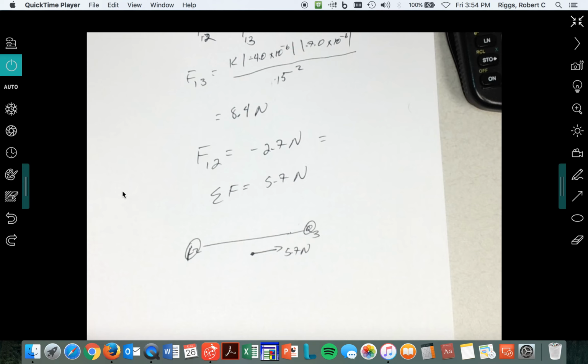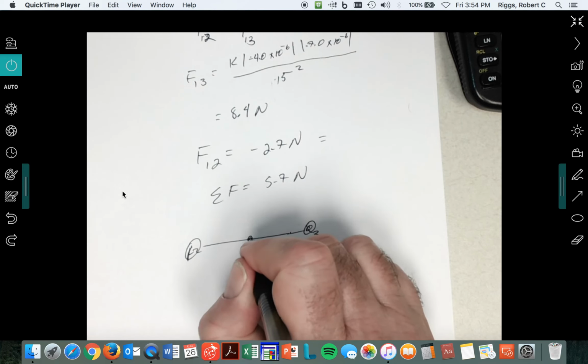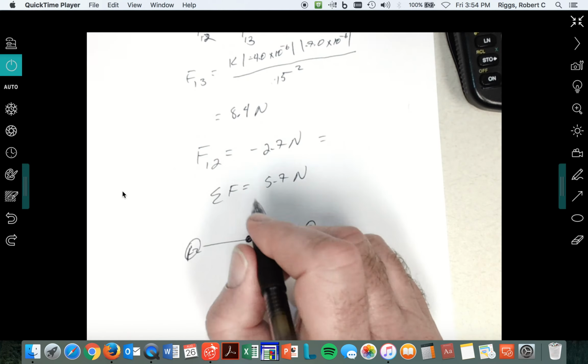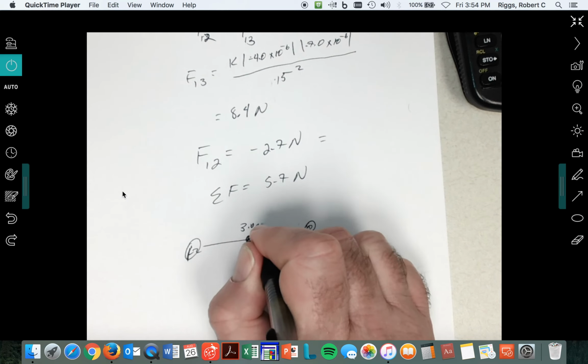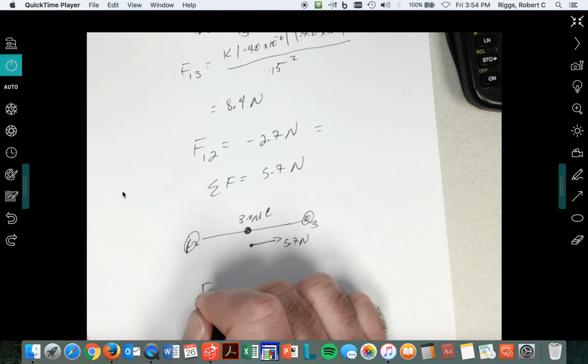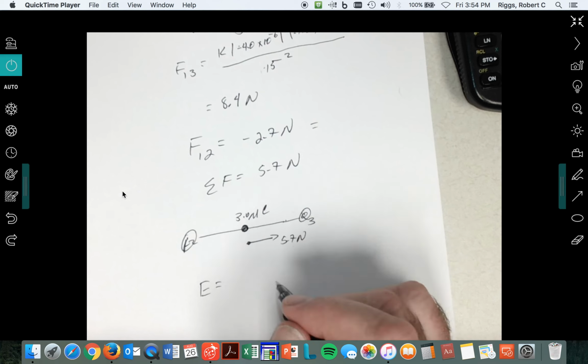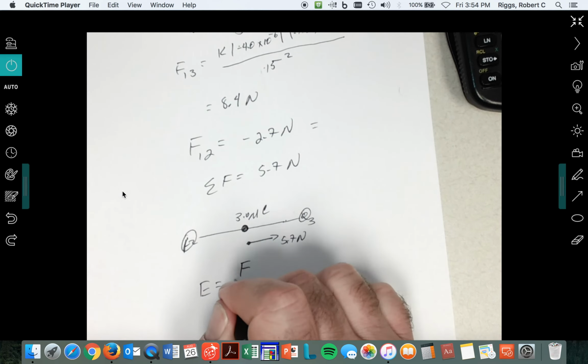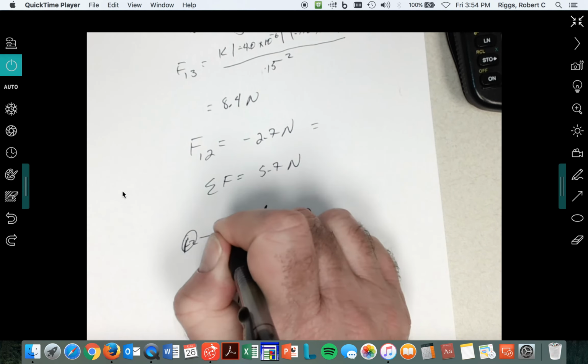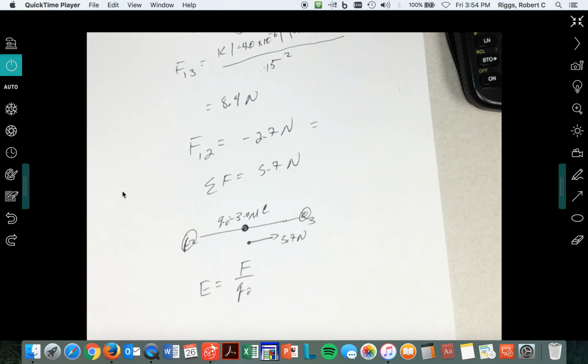Look what happens when I put a little point charge right here of 3.0 microcoulombs. The electric field is equal to F over Q naught. So I'm putting this little Q naught, I'm just putting that little charge in there.